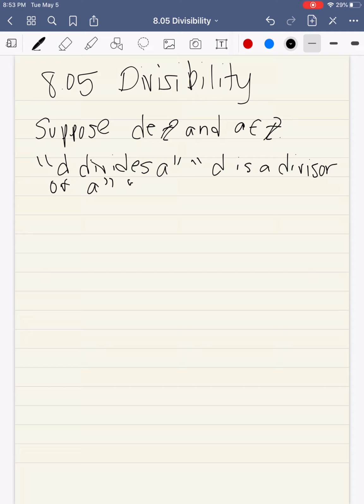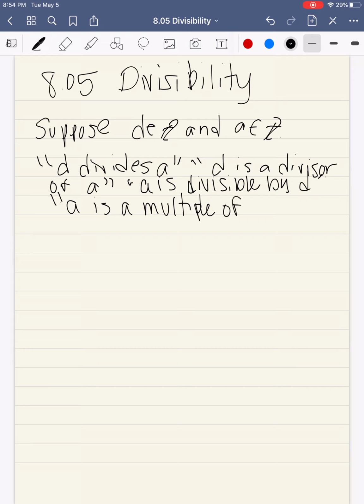Some other ways that this may be written: a is divisible by d, and a is a multiple of d. So essentially, for the idea of divisibility, we have two values, and any of these four ways describes what's going on.